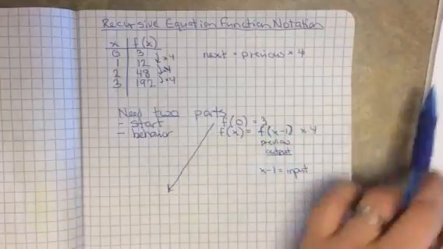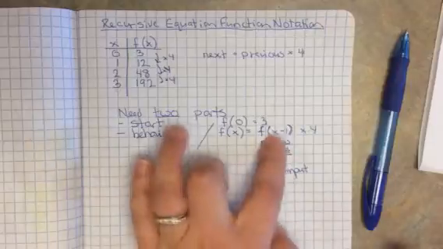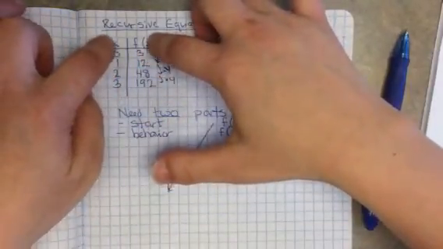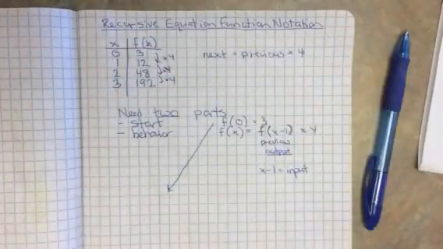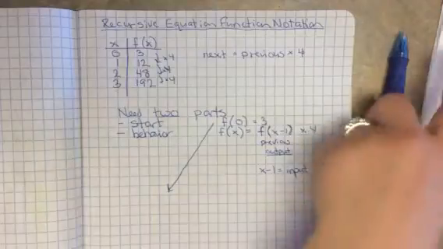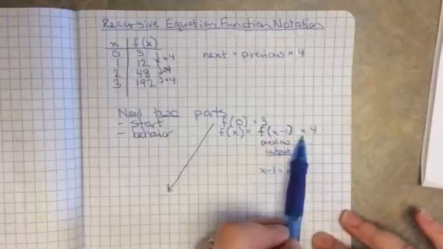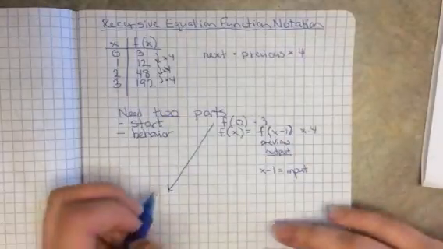Otherwise, you would have no way of finding it. The reason it doesn't work for the first term is because this pattern is based off of whatever comes before. Is there anything before the beginning? No. So that's why you have to define the beginning of your function, because this will not work for the beginning. It will only work if there's something before it. So since there's nothing before the beginning, I have to define the beginning.